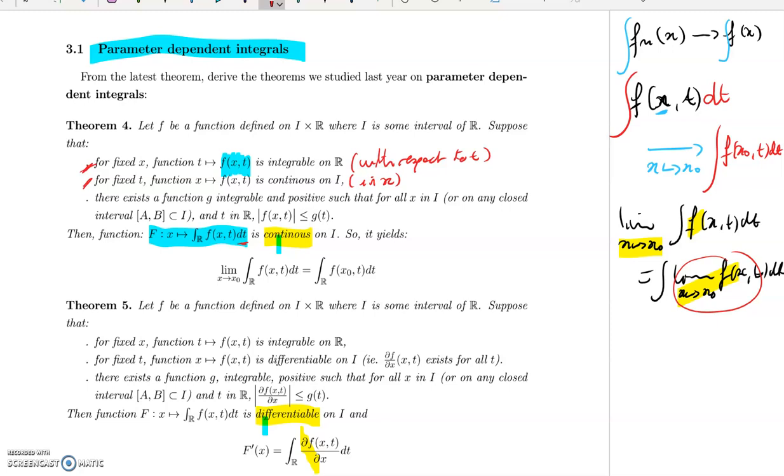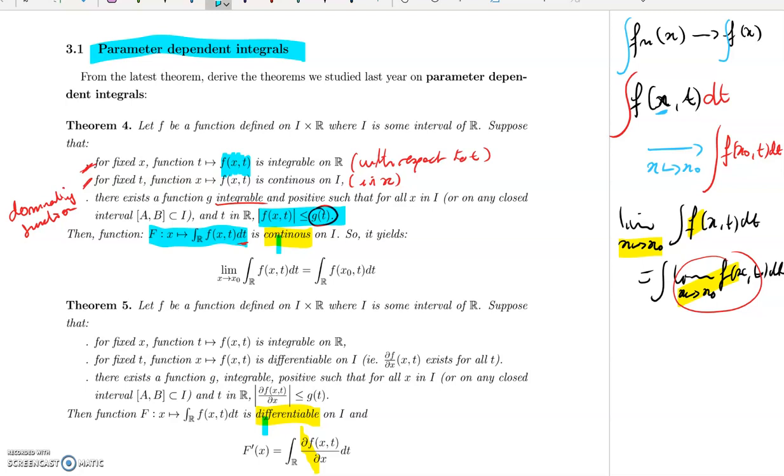Third hypothesis, this is where we're going to need our dominating function. We need that function to be integrable. As we integrate with respect to t, our dominating function is a function of t, so it has to be integrable, and of course it's going to be positive.